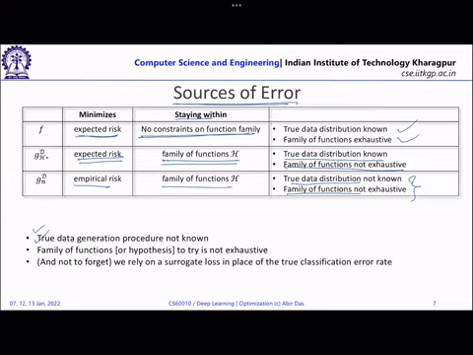And another thing, not to forget, is that we rely on a surrogate loss in place of the true classification error rate. I did not discuss it much, but at a high level, in an image classification scenario, we would have liked to work with that L function. It can be the accuracy, but we will see that the accuracy is not a continuous function.